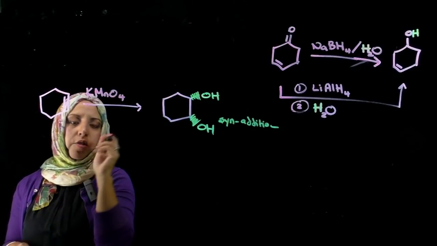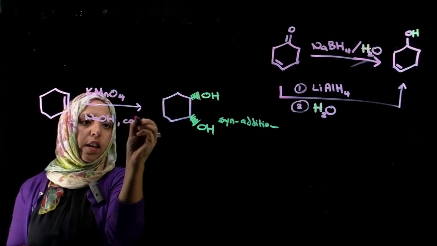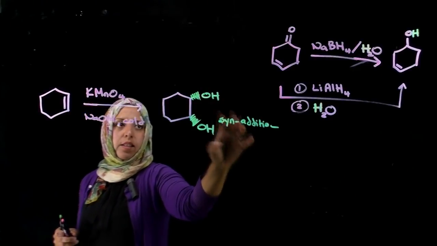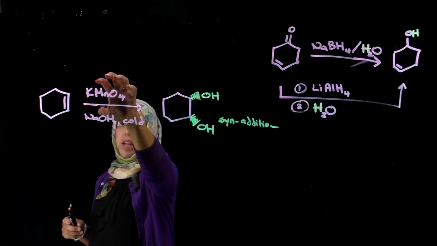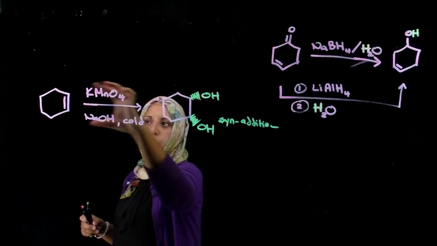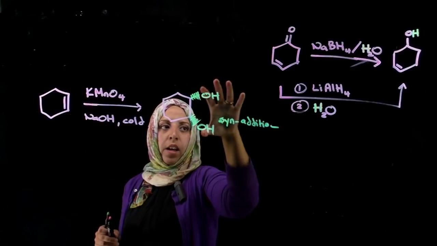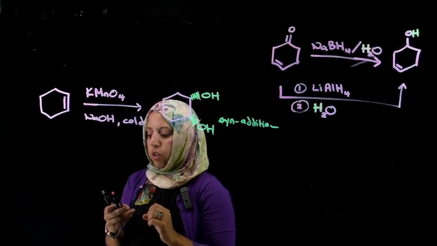But that particular reaction is typically carried out in the presence of sodium hydroxide and in the cold. And what we get is syn dihydroxylation, because when the pi bond attacks one of the oxygens, both will bind to the same side or face of that alkene. So we end up getting a syn addition, right?